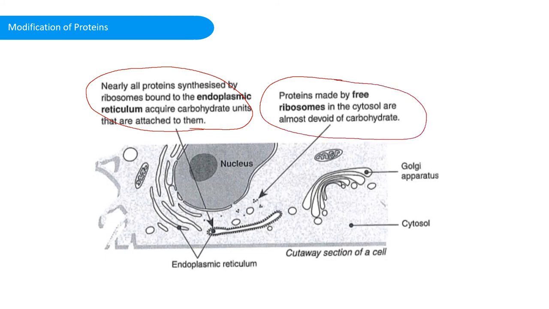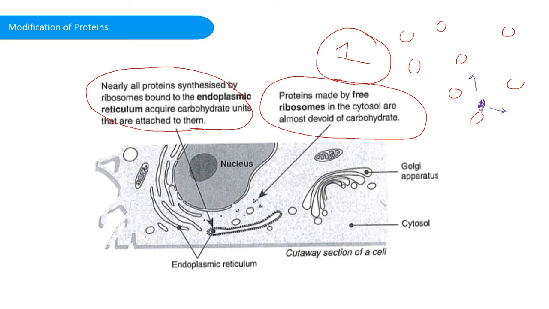if we read this one first, proteins made by free ribosomes in the cytosol are almost devoid of carbohydrates. So the ribosomes that are floating around in the cell, in the cytoplasm, when they start creating proteins, what it's saying is there's no carbohydrates attached. Which isn't really surprising because these proteins will be used for the cell itself and they'll go on and do its job.